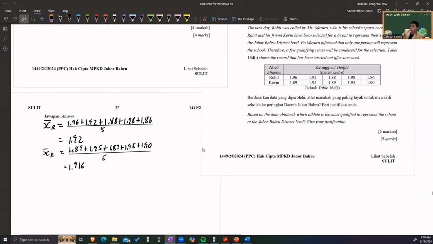So we compare the standard deviation as well.